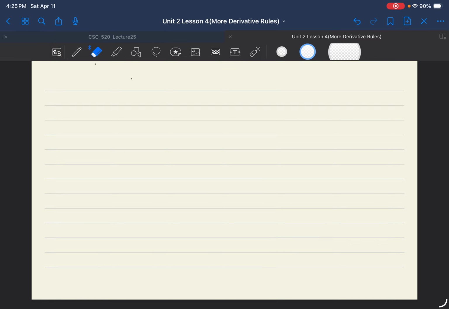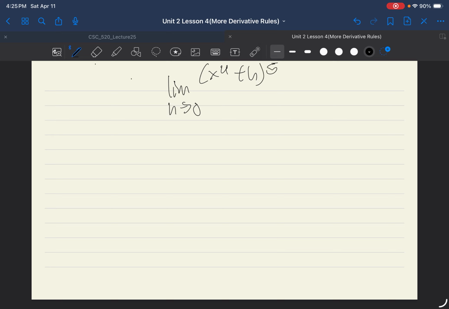Another one of the ways is by using the limit as h approaches 0 of x to the 4th plus h to the 5th minus x to the 4th to the 5th all over h. Right? Now, this seems a bit complicated, but it's pretty obvious, right?